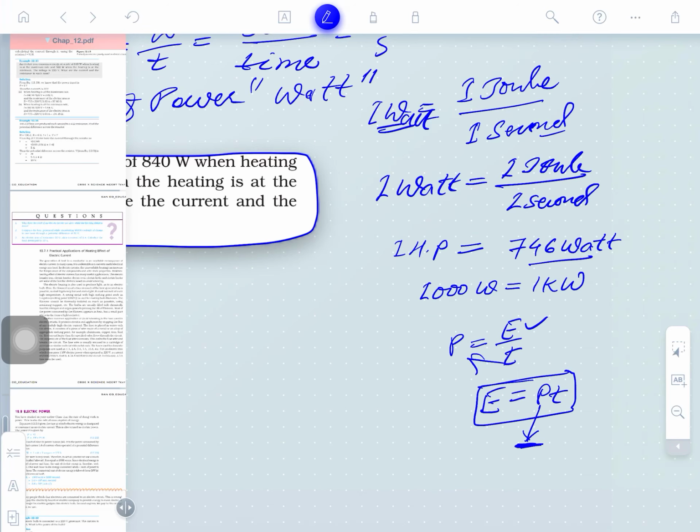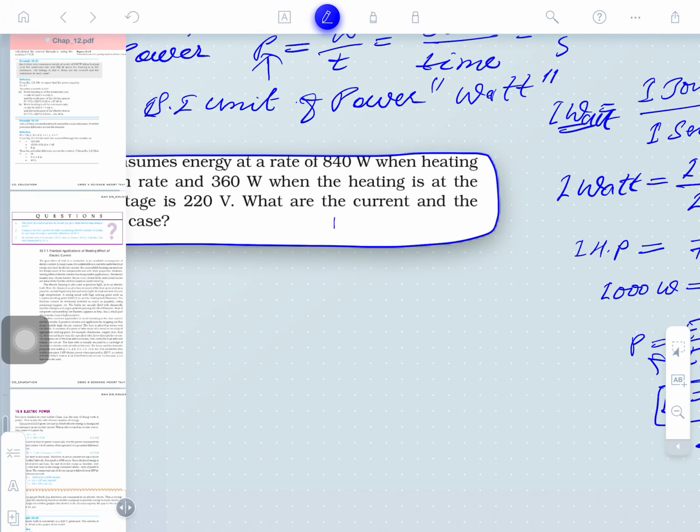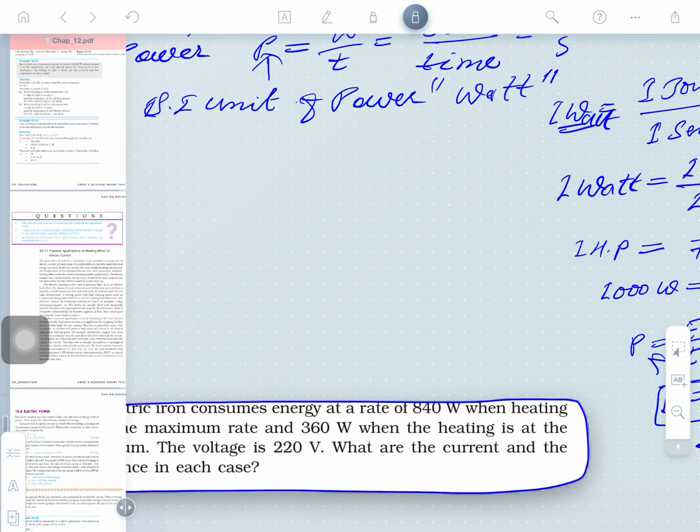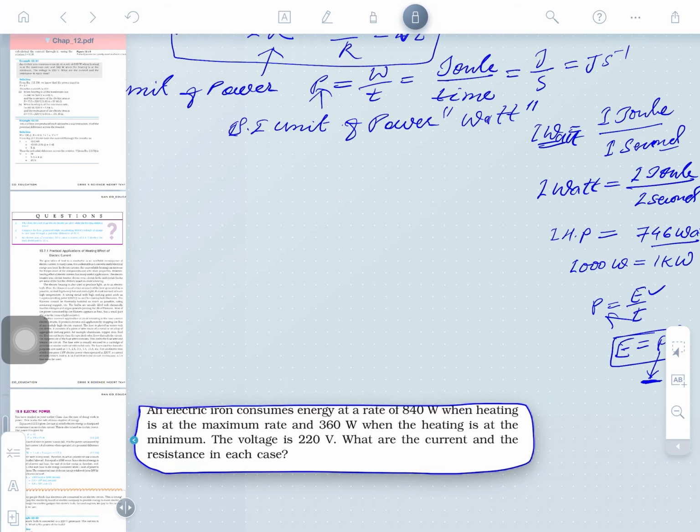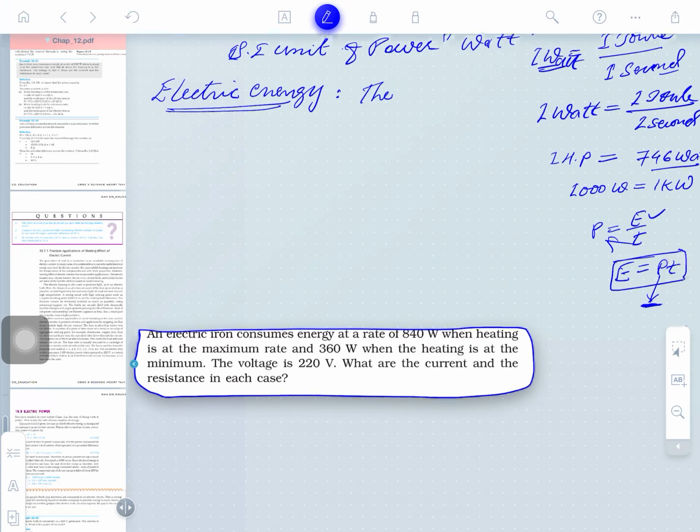Another definition can be used here. Please go on writing that, and later we will solve the questions. Please write: electric energy. We are just talking about electric energy. What could be the electric energy unit?